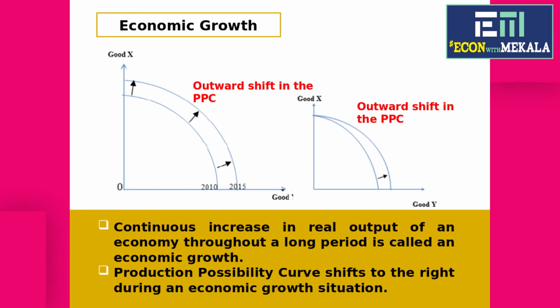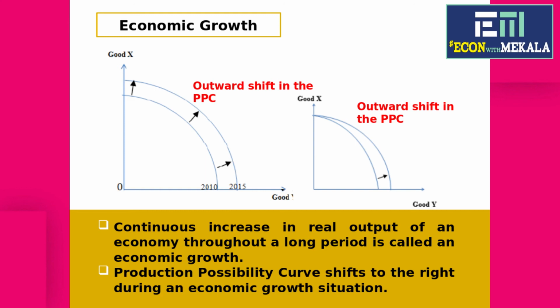As a result, our PPF should shift outward. So if you look at the first PPF graph here, from 2010 to 2015, there is an outward shift. That represents the economic growth that happened from 2010 to 2015.